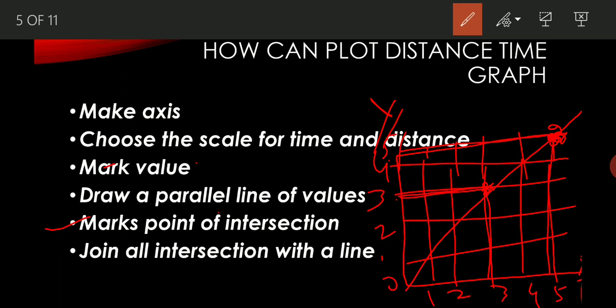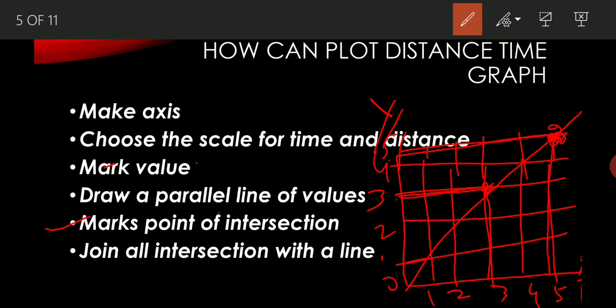Again I am just repeating that. First of all, just take a graph. On that select the y axis and x axis. On the y axis take the distance and on the x axis take the time. Now mark the scale, that 1 centimeter is equal to what, according to the question we are using. It may be 1 centimeter is equal to 5 kilometers, or it may be 1 centimeter is equal to 1 kilometer, depending upon the question.